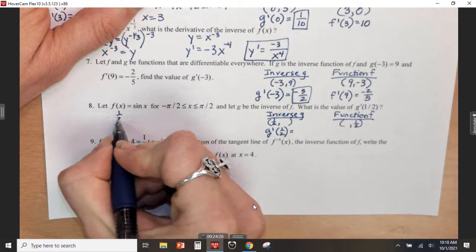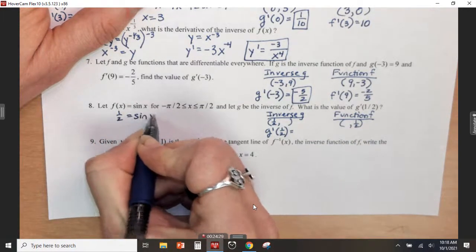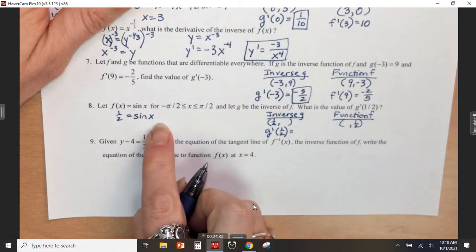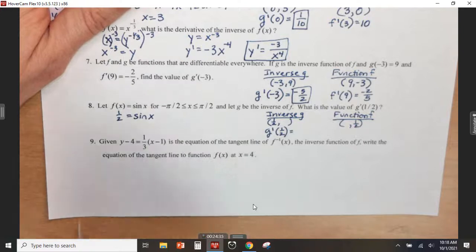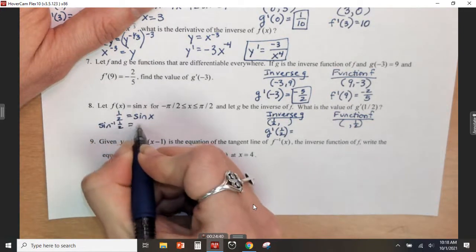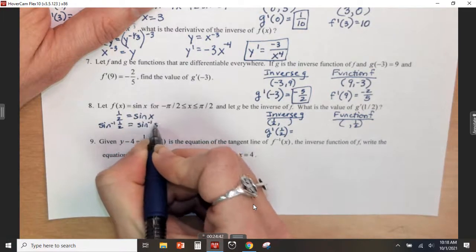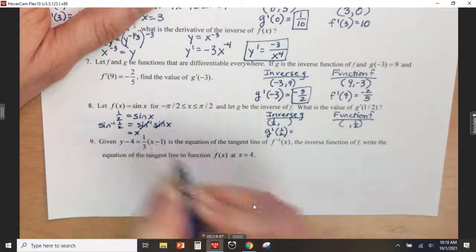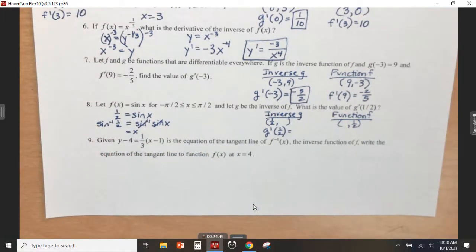So I'm going to write 1/2 equals the sine of x. How do I get the sine off the x to solve for x? Inverse sine. That's right. Inverse sine of 1/2 equals inverse sine of sine of x, and that inverse sine cancels the sine. So that leaves me with x on the right. Now I need to think, at what angle on my unit circle is the y-coordinate, the sine value, equal to 1/2?